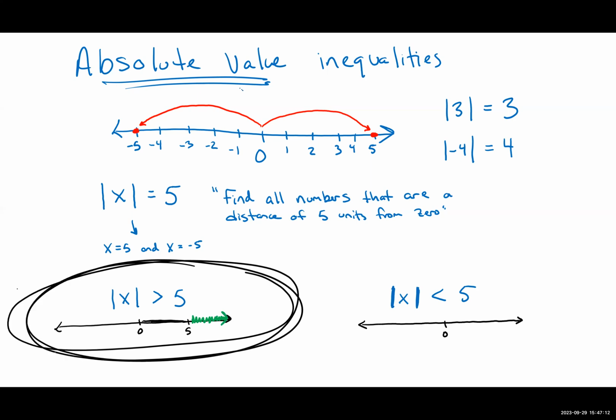But there's also other numbers that are a distance greater than 5 from 0. I keep saying the word distance. Absolute value means distance. So over here is -5. So also, all of these numbers to the left of -5, they are also more than 5 units away from 0.